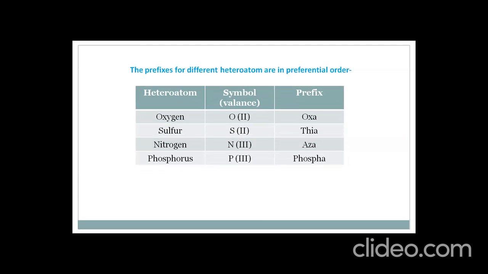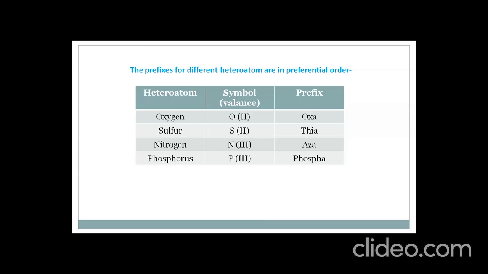First are the prefixes for the different heteroatoms, which are in preferential order. Here the heteroatoms are oxygen, sulfur, nitrogen and phosphorus. Which prefixes do we use for these?